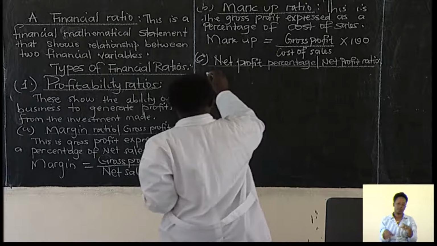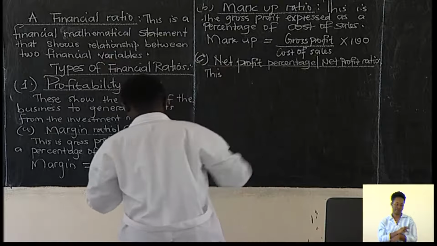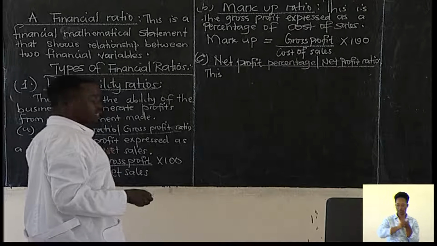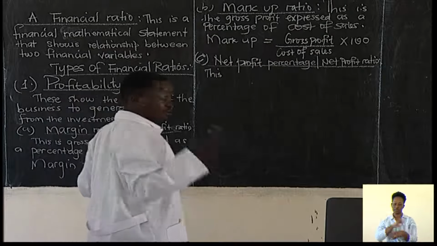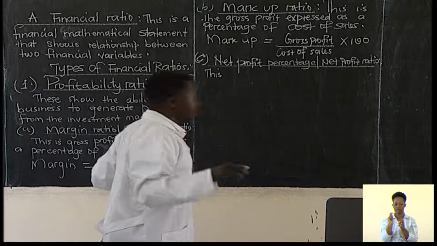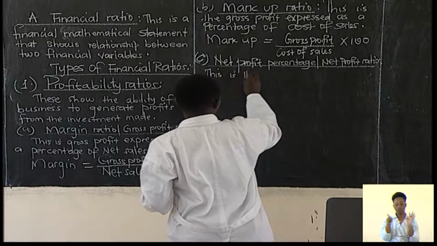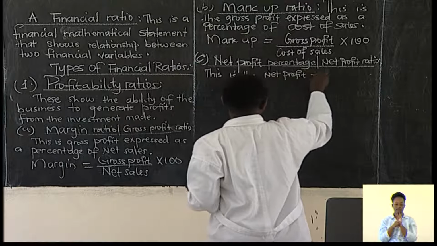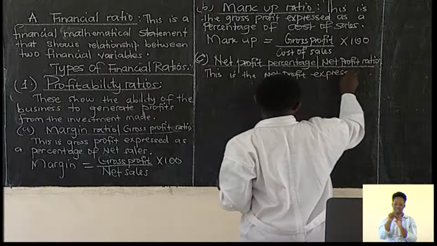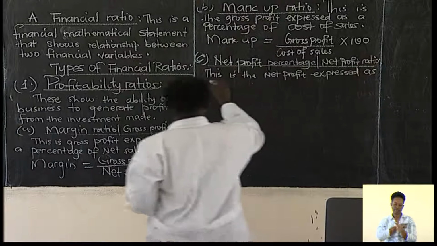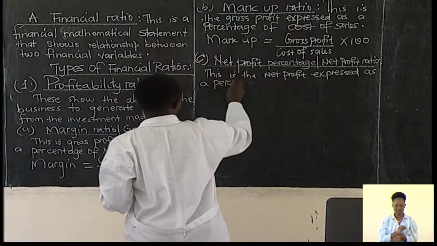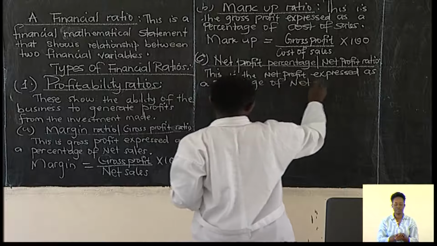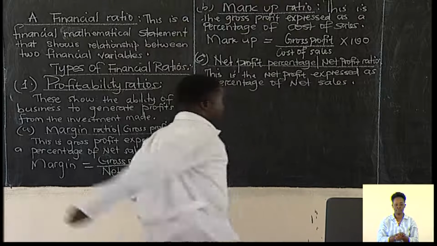So here, this one, it is related to this. In this case, we are removing gross profit, we put net profit. Remember, gross profit is net sales minus cost of sales. So this is the net profit expressed as a percentage of net sales.